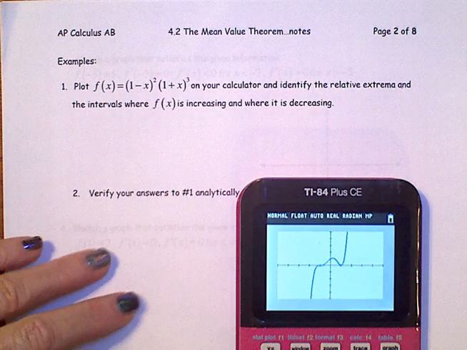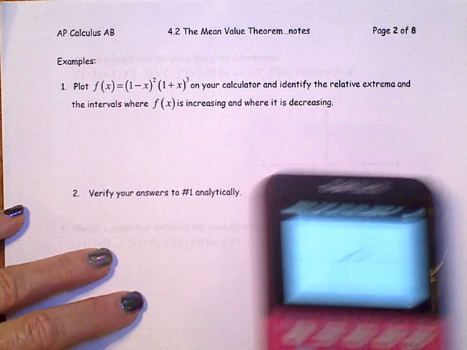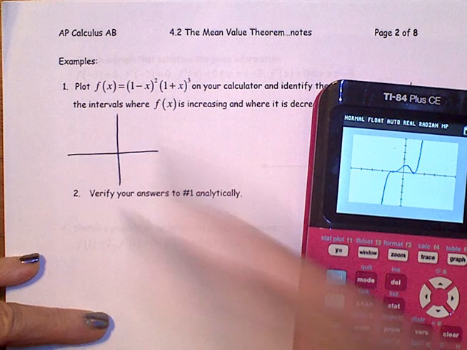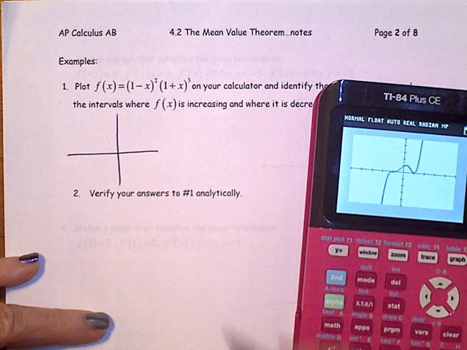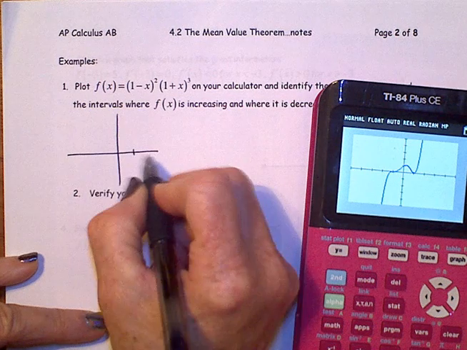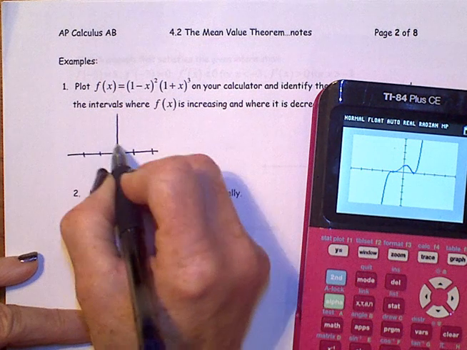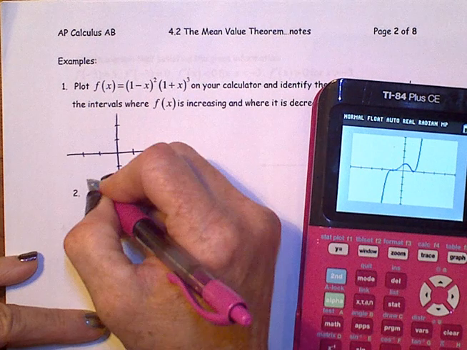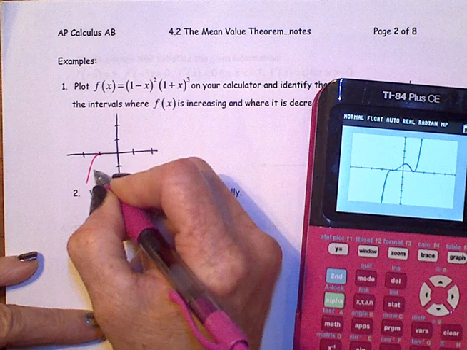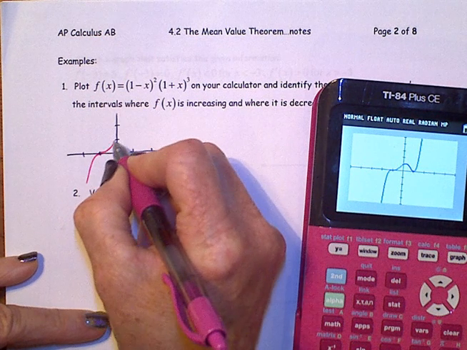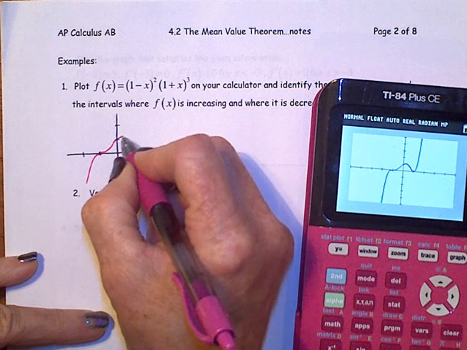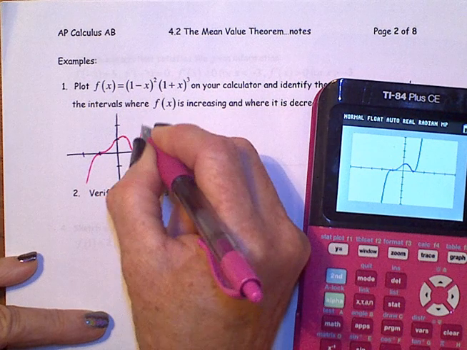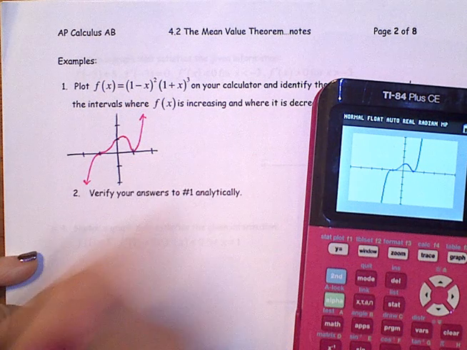If we sketch this onto paper, we have something like this.